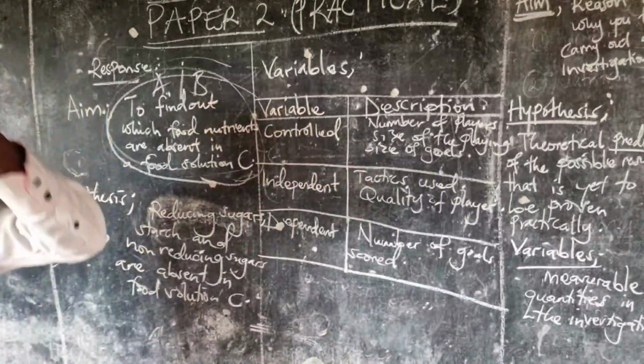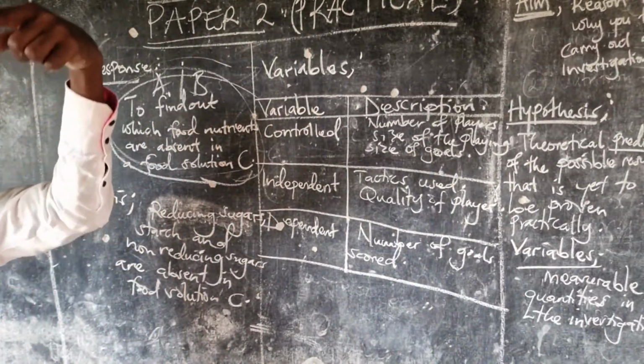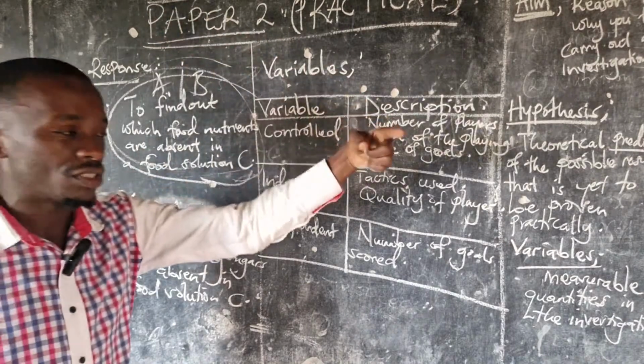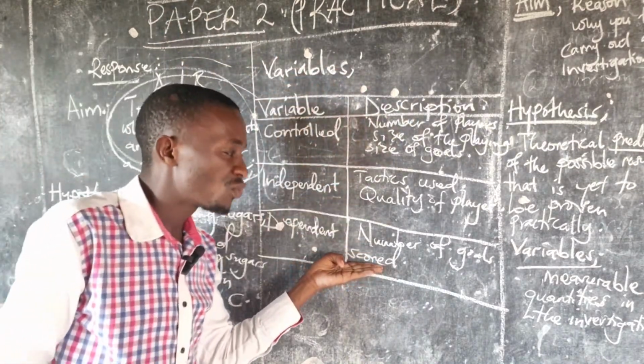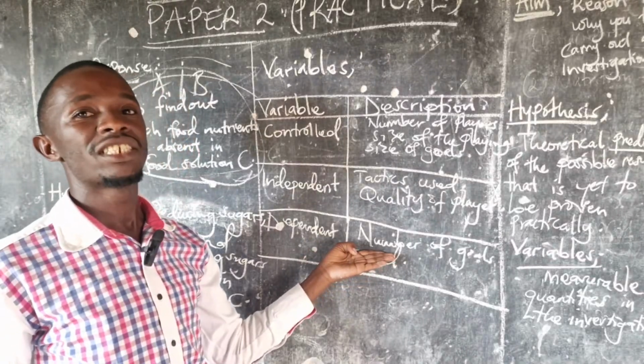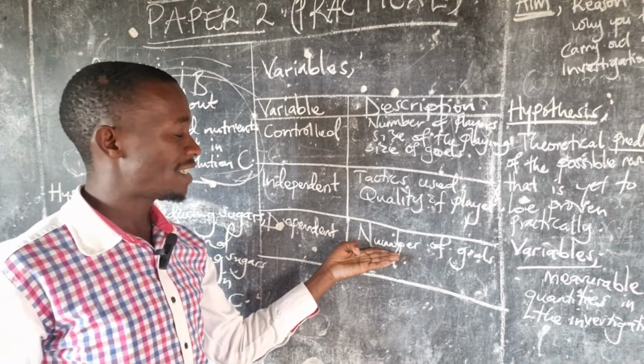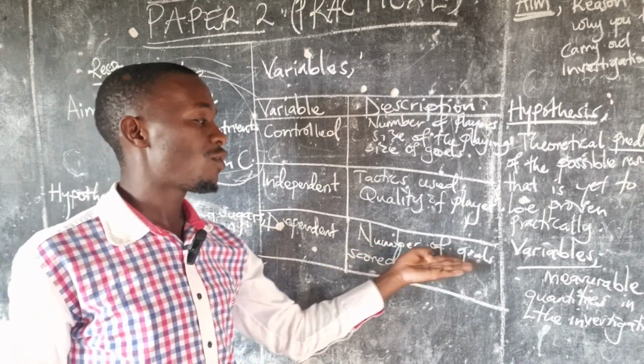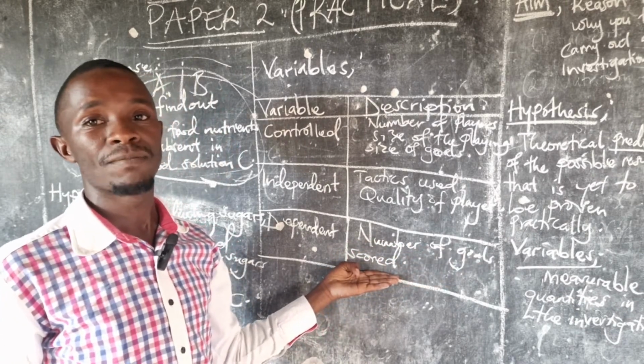Basing on the scenario, if the scenario is asking you to carry out an investigation and find out which team is weak, the dependent variable will change. So you will come and say, number of goals conceded by each team.